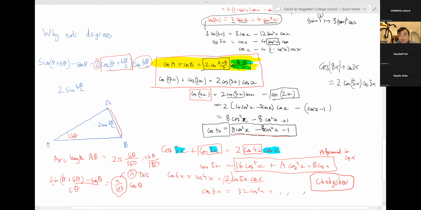So then you could use your polynomials cos 5x, cos 3x, and cos 2x to make cos 8x. So there's lots of ways of making the later polynomials from the early ones. So it's a kind of recursion.